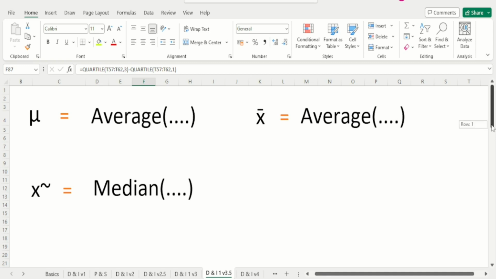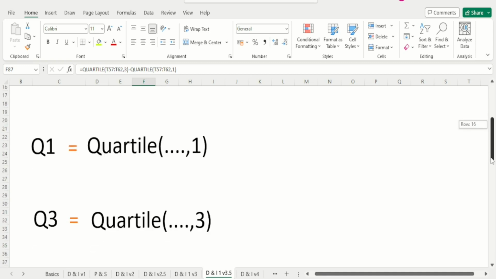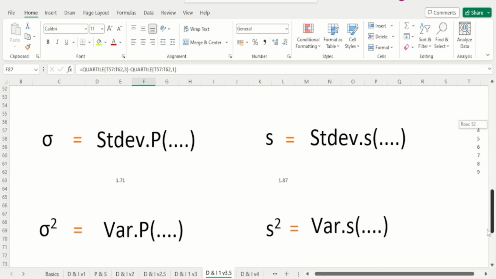Remember that within Excel, sometimes there can be a differentiation of formulas as well, right? So we looked at standard deviation, where dot P means you're calculating the standard deviation of the population. Dot S means that this is going to represent the estimate of the standard deviation of the population from which that sample has been taken.